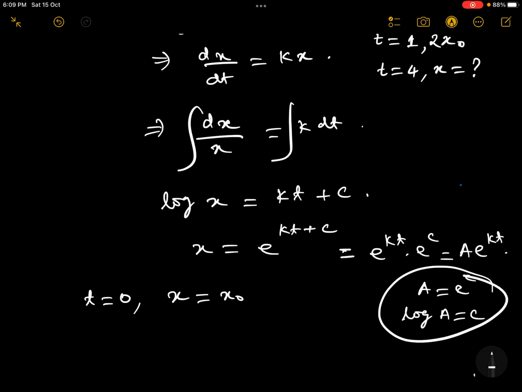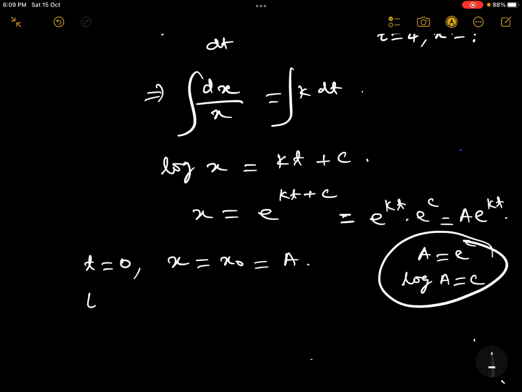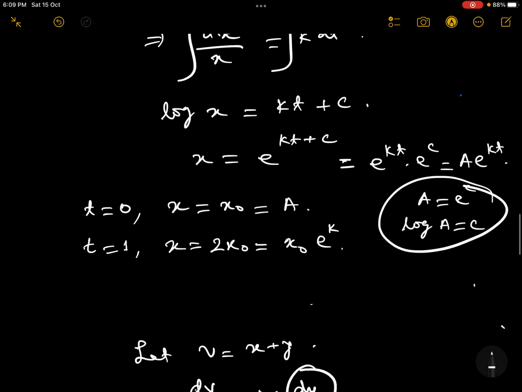This would be when t is 0, no? When t is 0, then this is the same as a also. When t is 1, x equals 2 times x naught. This is what? a, or a is x naught already, x naught e power k, right? Because t is 1 in this case.